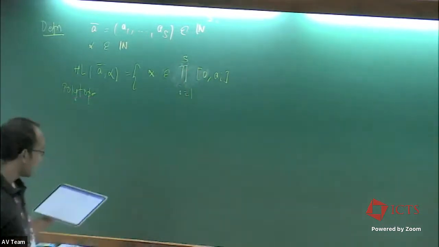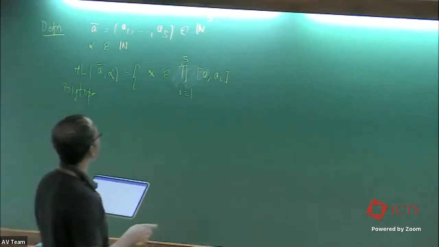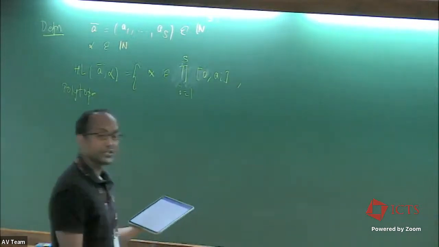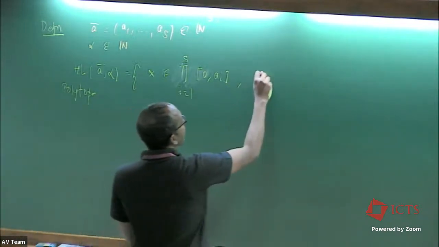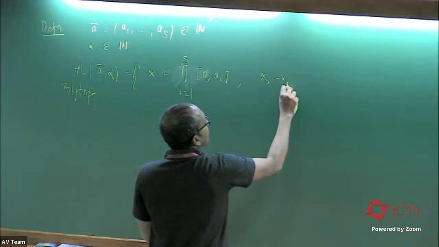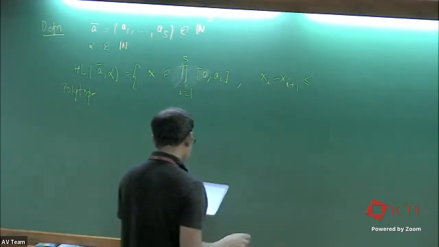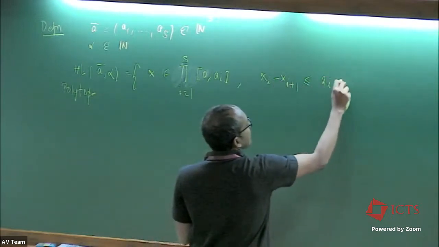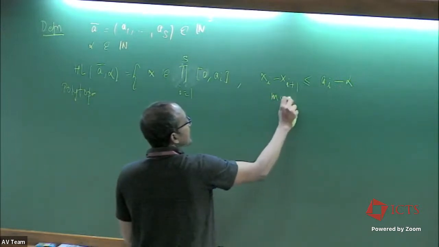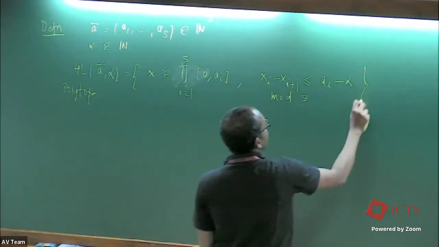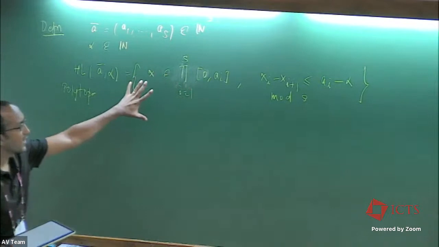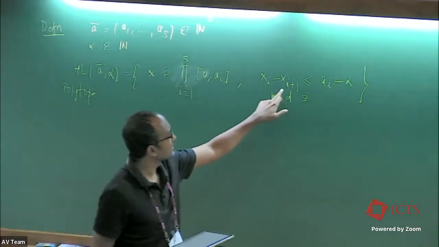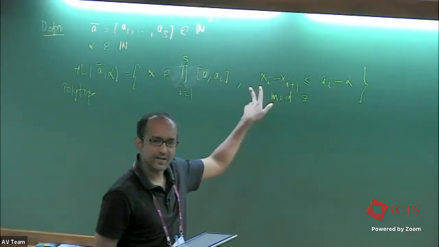So you have a cube, but then you slice off, you have these additional inequalities that look like this. So this is just the cube, and you're cutting it out, and when I say mod s, s plus 1 should be taken to be 1.